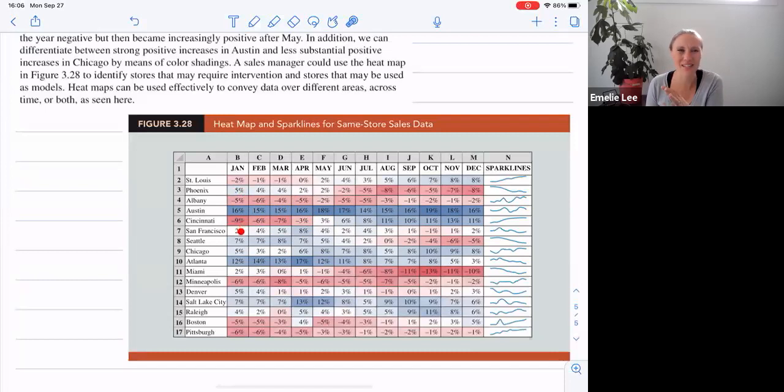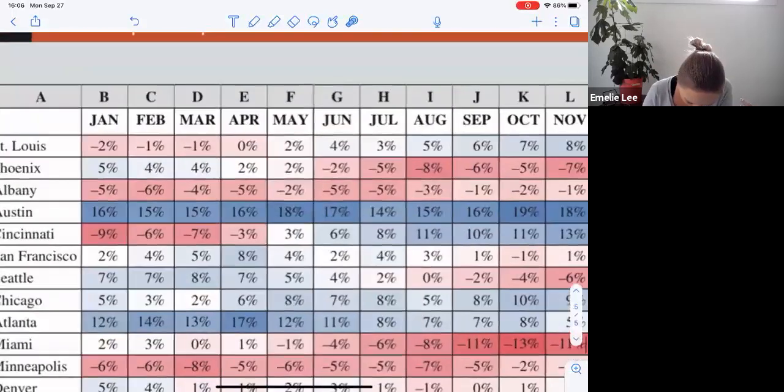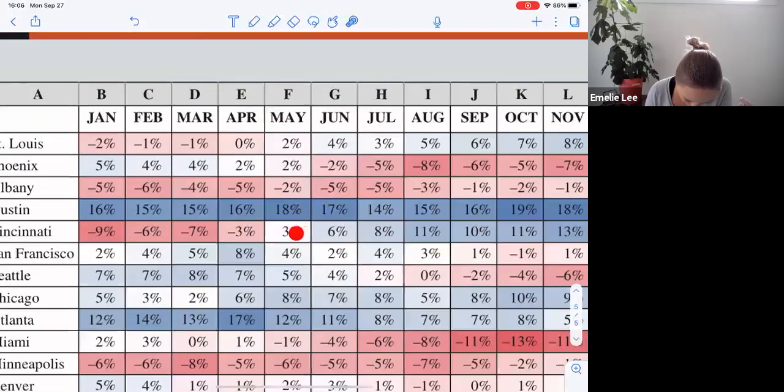And then white is kind of some middle area. So it seems like 2%, 2%, 3%, 4% are all relatively lightly shaded, so they're all kind of okay. There's nothing to be concerned about.